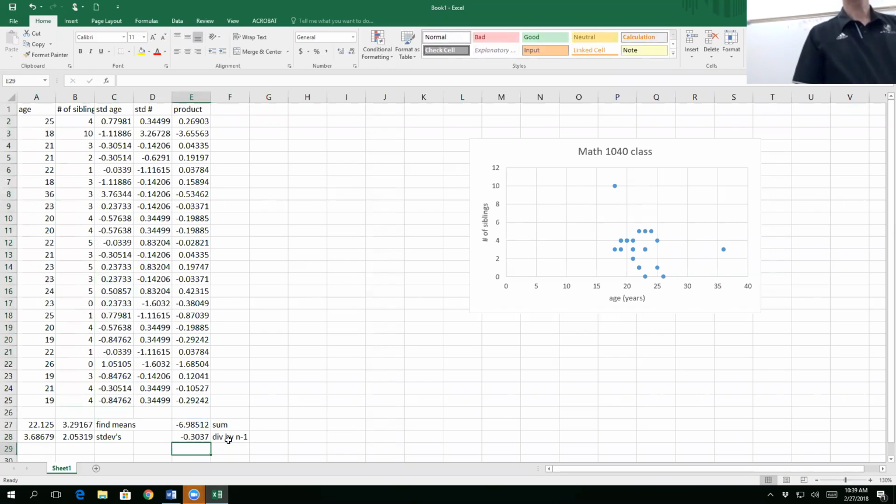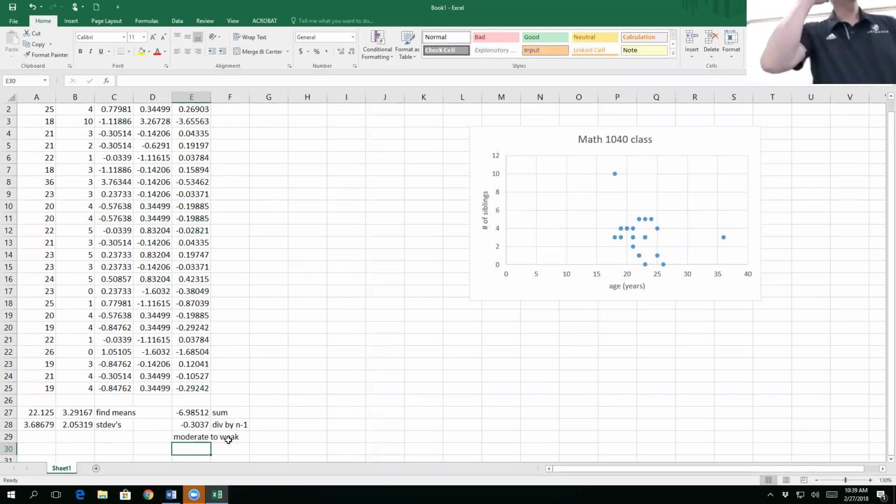So what would we say? That's right on the borderline, right? Is that strong, moderate, or weak? Yeah, it's right on the borderline of moderate to weak, right? Okay, so we'd say that there's not really a very strong correlation.